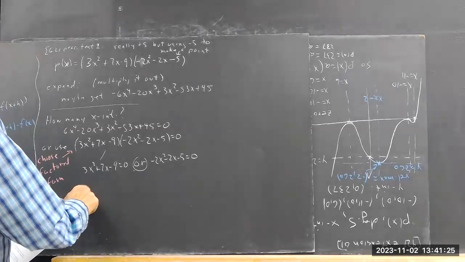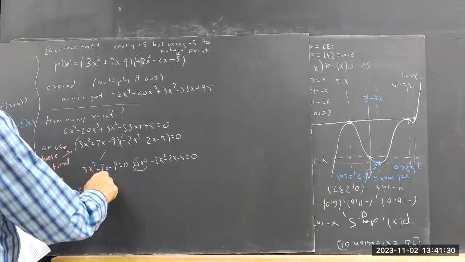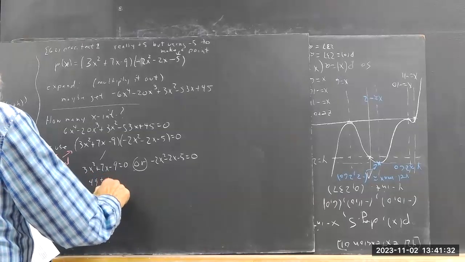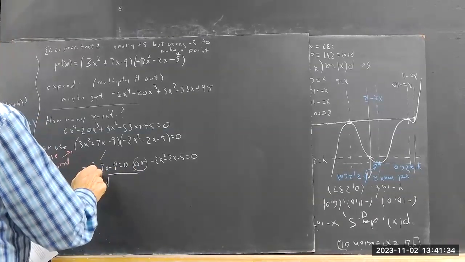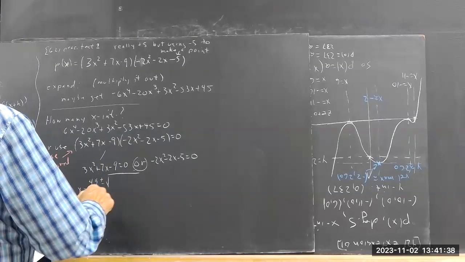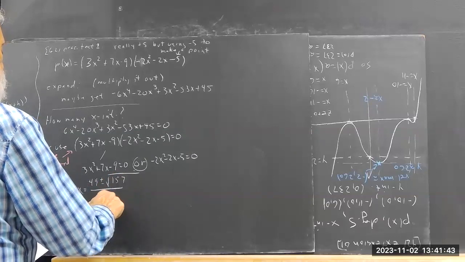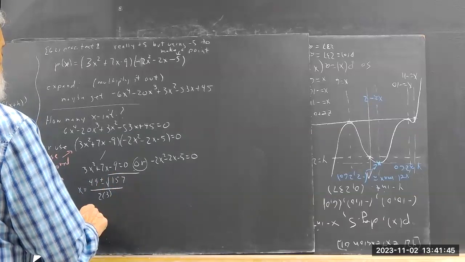Well, here, x is going to be negative 7 plus or minus the square root of 49 plus 108, which is 157, over 2 times 3.